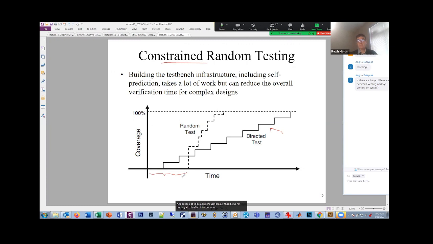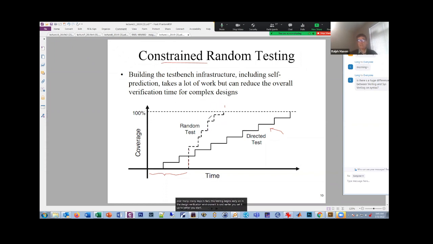But once you have this and you're running all these random tests, the idea is that you're going to quickly get to this 100% coverage long before you would with directed testing when it's a super complicated thing, because you can use the power of this randomized environment to run millions, billions of tests over many, many days. In fact, this testing begins early on in the design. The earlier you set up the verification environment, the better.